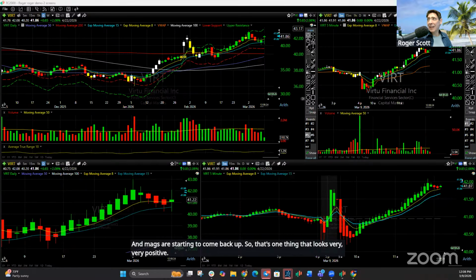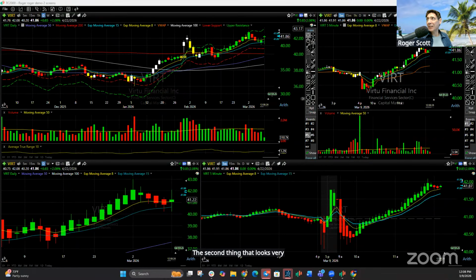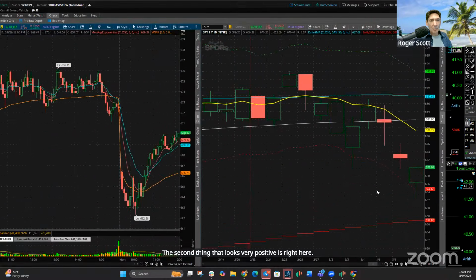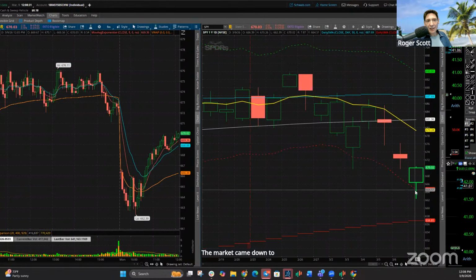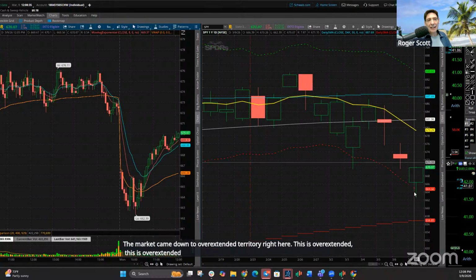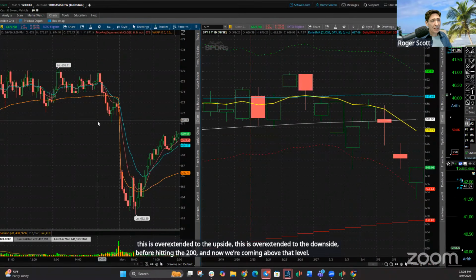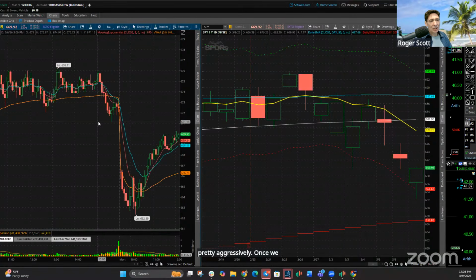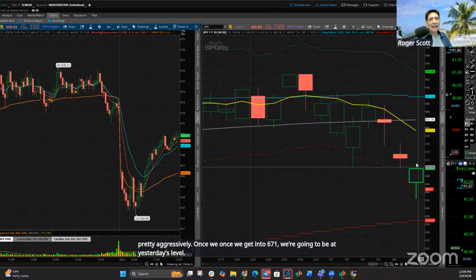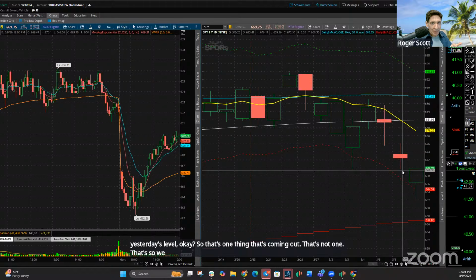The second thing that looks very positive is right here. The market came down to overextended territory right here. This is overextended to the upside. This is overextended to the downside before hitting the 200. And now we're coming above that level pretty aggressively. Once we get into 671, we're going to be at yesterday's level. So we got technology coming back.